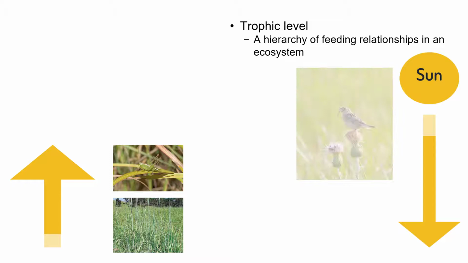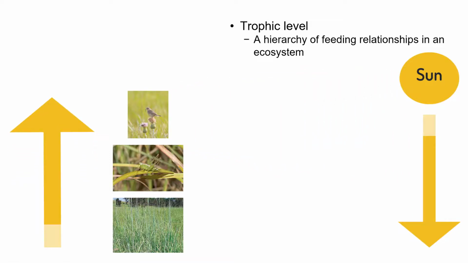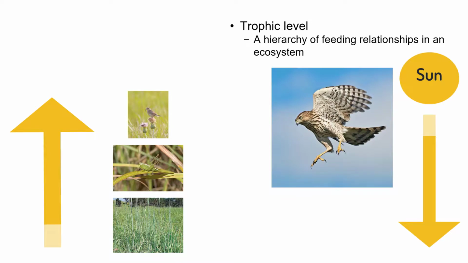You've got a second level consumer, where this energy has gone from the grass to the grasshopper, and now that energy from the sun is entering the second level consumer. And finally, third level consumers that are at the top of the food chain, so to speak.